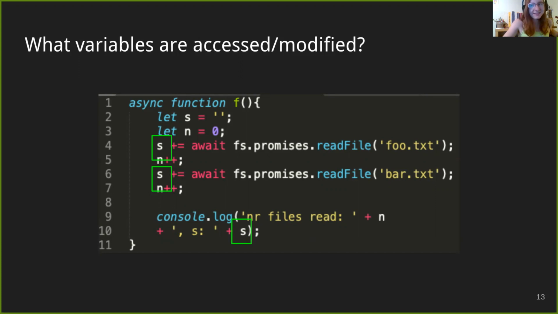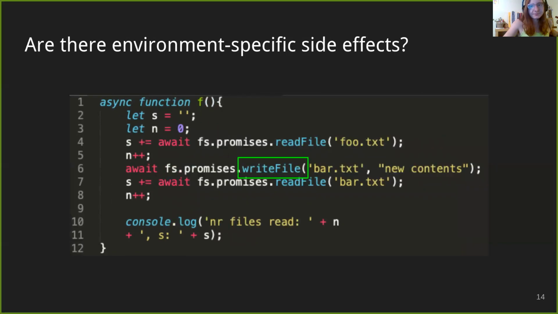The reason for that, as you probably figured out, is because the print statement uses the value of the variable s, which is modified by the result of the asynchronous computation. Because these readFiles are modifying the s variable, we can't change the order that they're executed with respect to other things that are modifying the s variable.